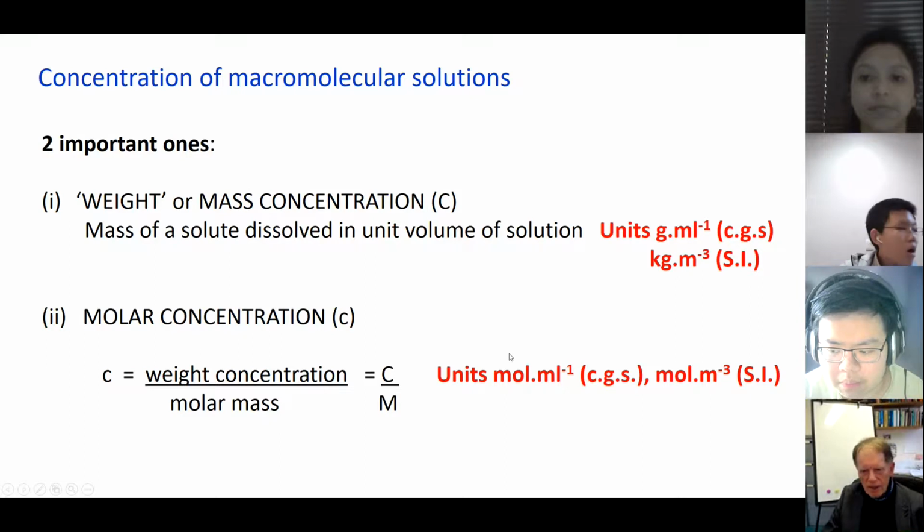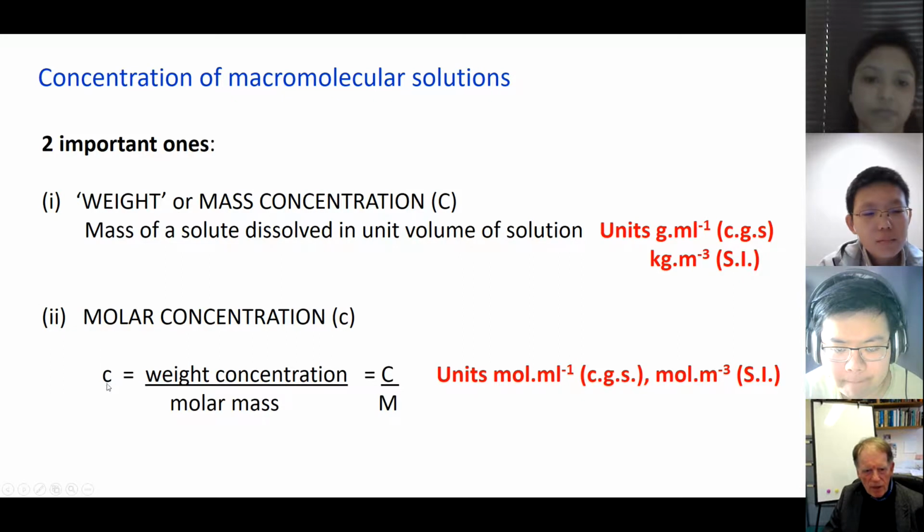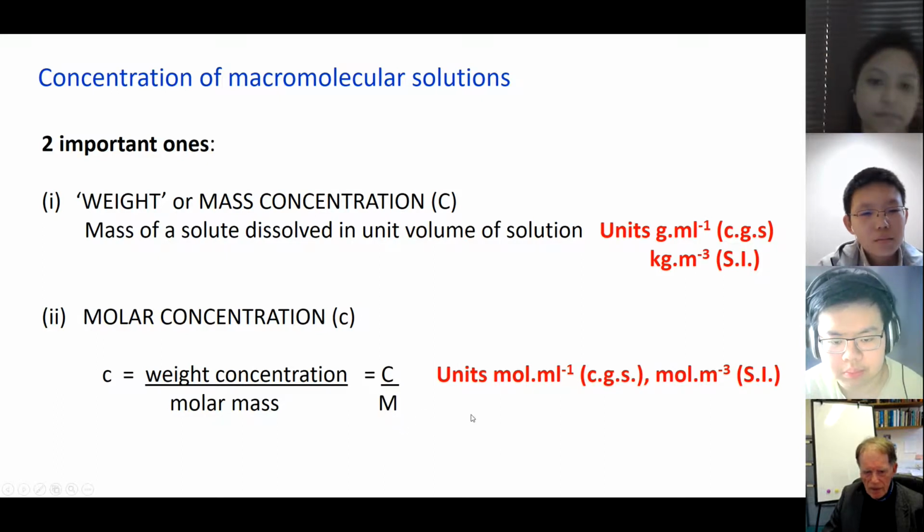And the numbers, it's not straight number concentration, but it's number concentration related by the Avogadro number. And the molar concentration is related to the weight concentration. You simply divide the weight concentration by the molar mass in the appropriate units.